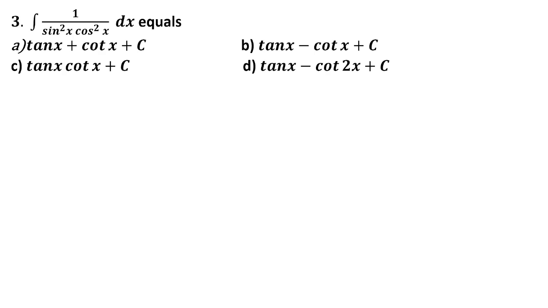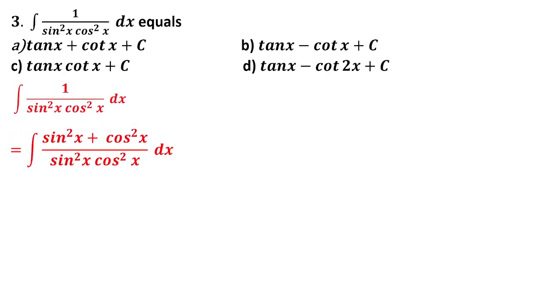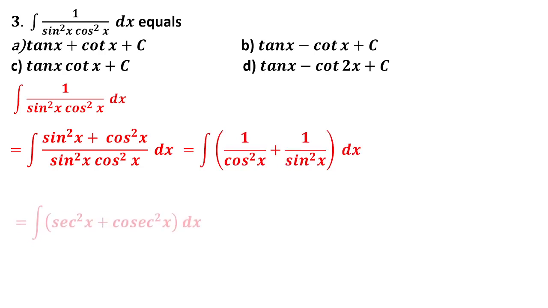Question number 3, 1 upon sin square x cos square x dx. The denominator is to be converted into a single trigonometric function, or otherwise you can add, and for that one you can replace it by sin square x plus cos square x because the addition is 1. Divide it into 2, 1 by cos square x plus 1 by sin square x.